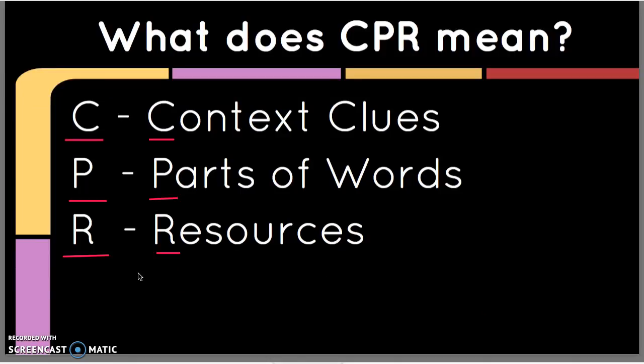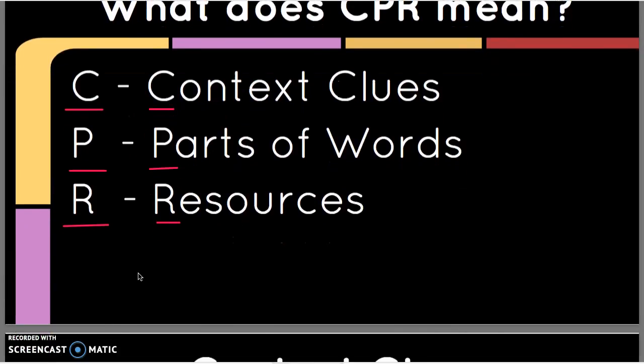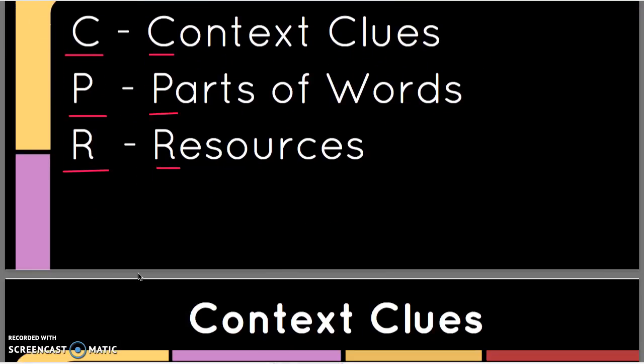What does CPR mean? The C stands for context clues, the P stands for parts of words, and the R stands for resources. Again, pause the video if you need to fill in your blanks.